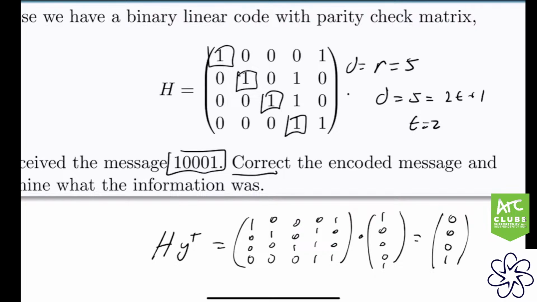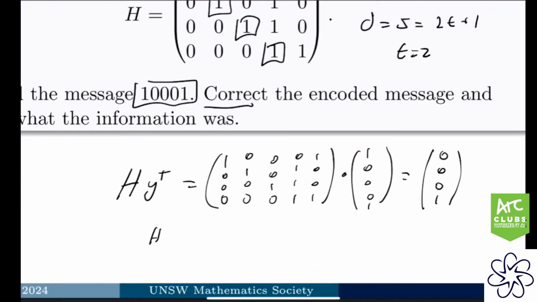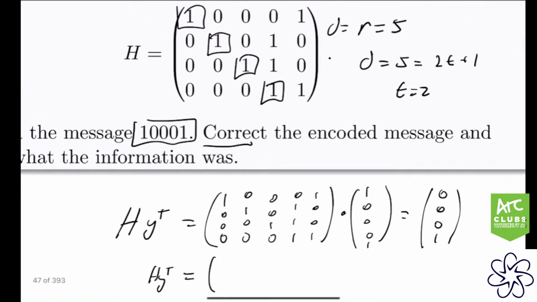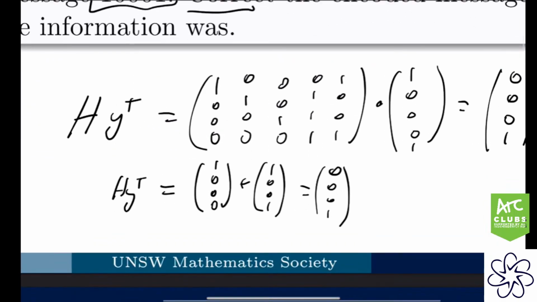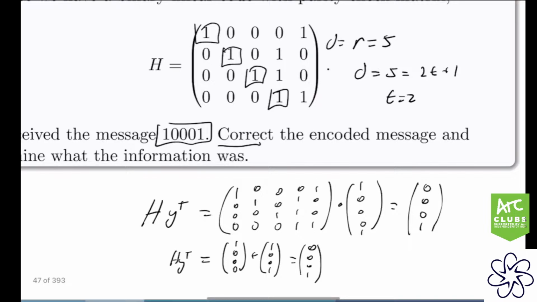And we see that the syndrome of our message is going to be the sum of the first and last column, right? So it's equal to 100 plus 1001.